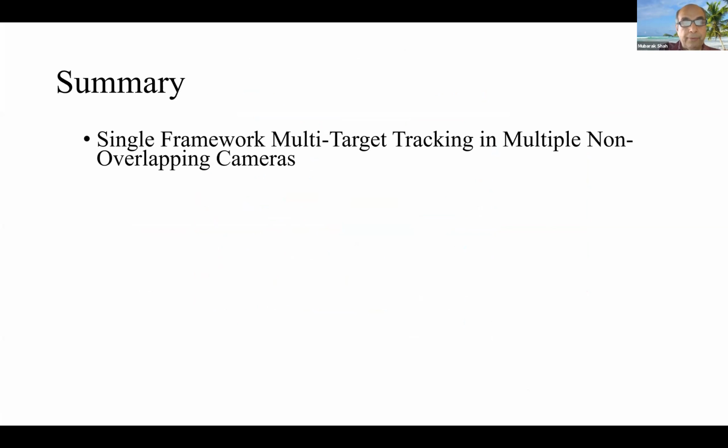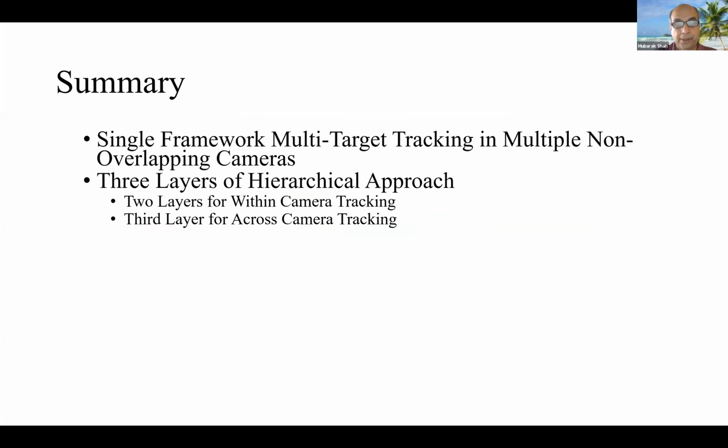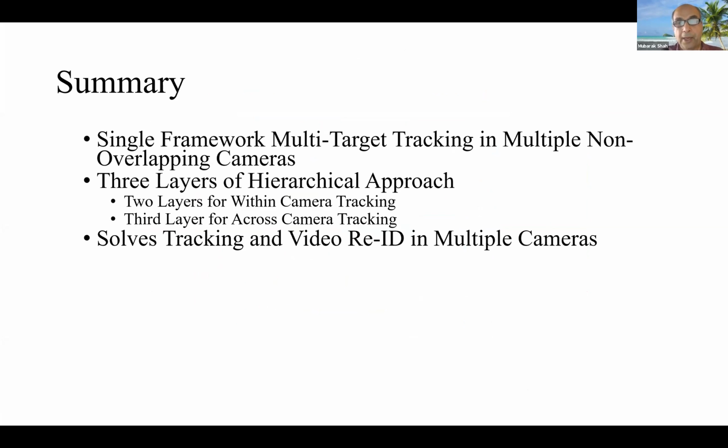So in summary, we talked about a single framework for multi-target tracking in multiple non-overlapping cameras. There were 3 layers in the hierarchical approach: 2 layers for within-camera tracking, and the 3rd layer for across-camera tracking. We can also solve tracking and video re-ID in multiple cameras.